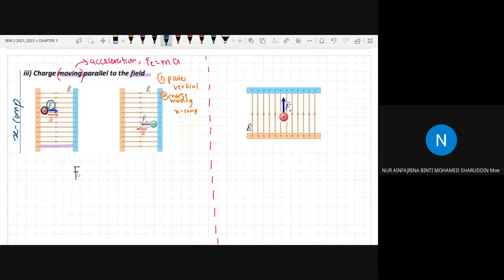We know the charge is moving, so electrostatic force equals mass times acceleration.